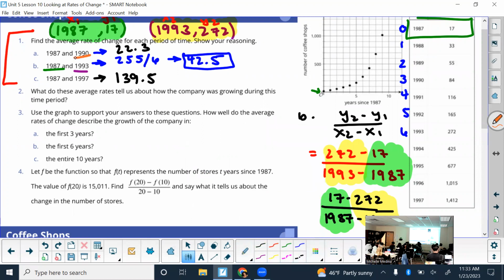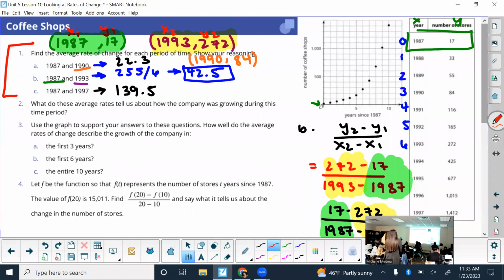All right, so 1990 would be the input, right? What for the output? 84. I'll keep this one as X1, Y1 since that's what I had already. I'll make the other one X2, Y2. So we're looking at the one in orange.